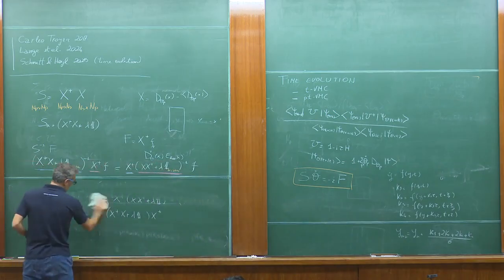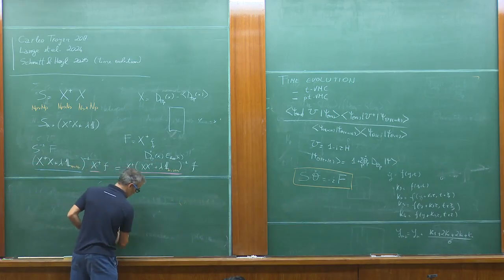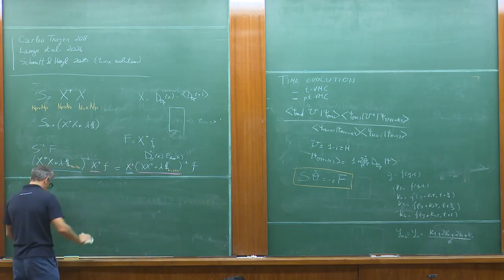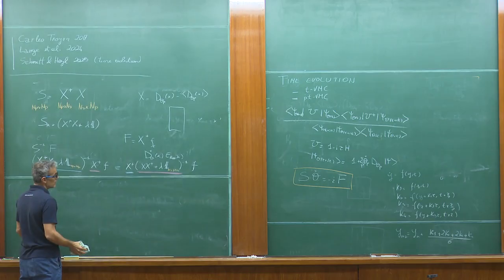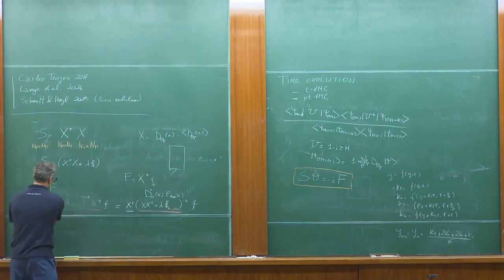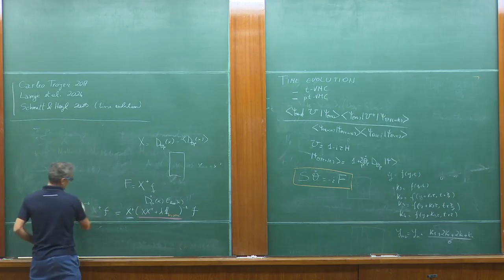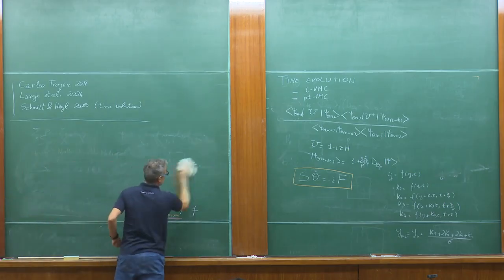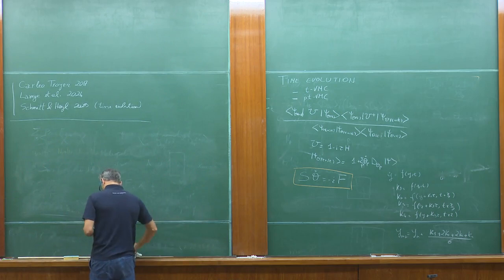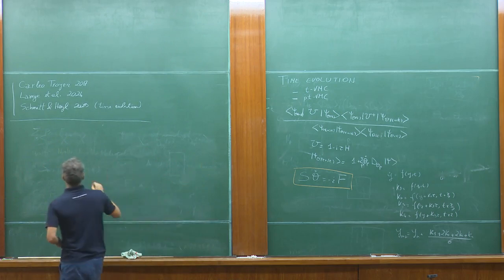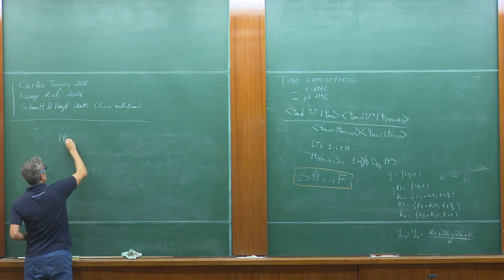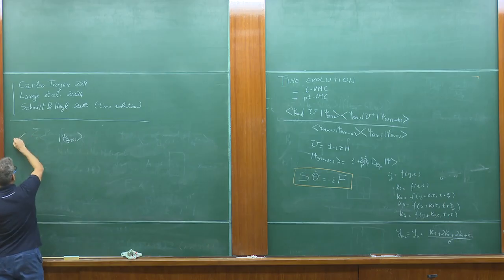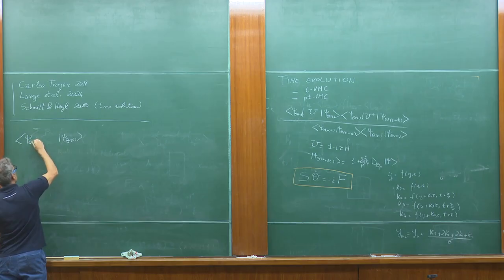Instead of deriving an equation of motion for theta, it says plainly: given a certain psi, what is the new psi at t plus delta t?